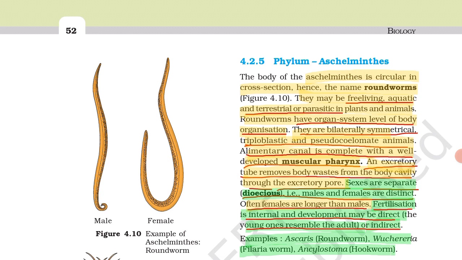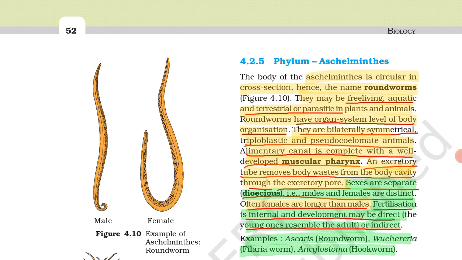And they are pseudocoelomate animals. What is pseudocoelomate? Whenever, instead of a true body cavity in the middle germinal layer, the mesoderm, there are scattered pouches present in the mesoderm, these animals are called pseudocoelomates, and they are Aschelminthes. So a most important question from Aschelminthes is that they are pseudocoelomate animals.